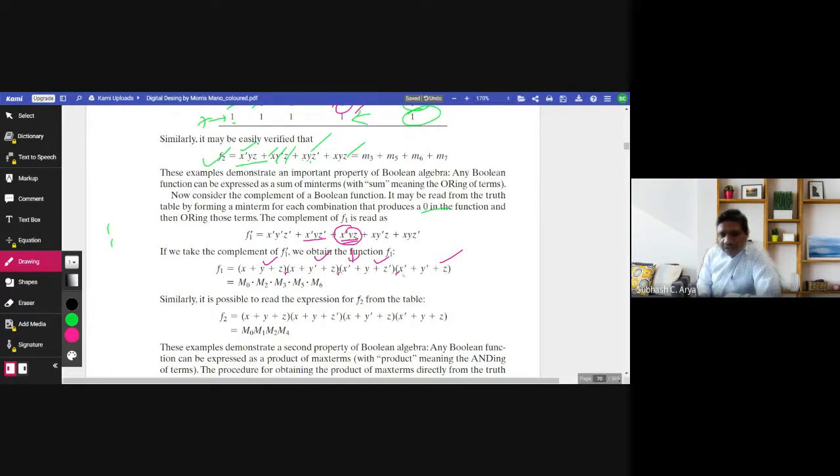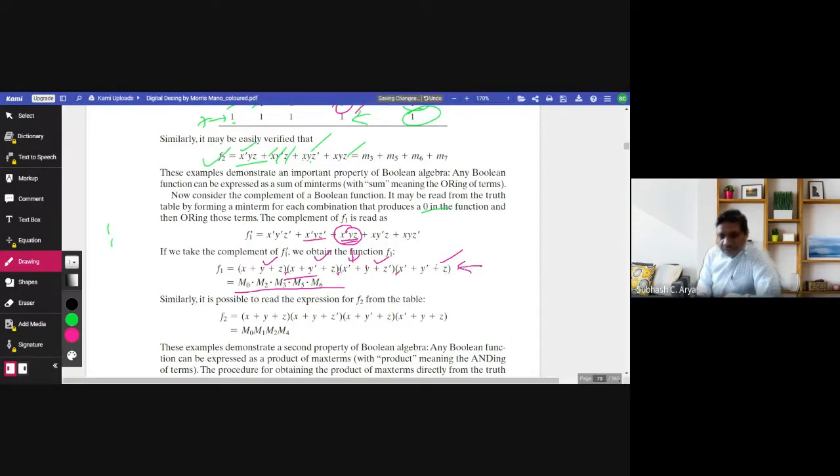However, you see finally they have written here, whenever they are writing, see how many terms are there? 1, 2, 3, 4, and that has been converted into subscript form, like M0, M2, M3, M5, M6. So there may be some typographical error, that M3 is not mentioned here.